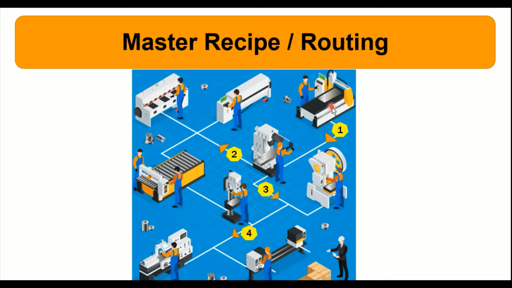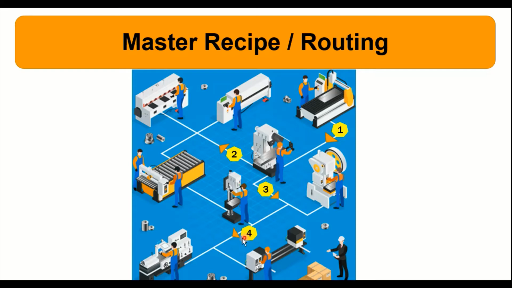Now the first stage is basically to do the shearing part or the cutting of the raw materials. Once the cutting has been completed, this material will be passed on to the next machine or the operator where the next activity is going to be performed. Similarly, after the second operation is completed, the material flows into the third machine where a different activity like drilling, milling, or painting will take place.